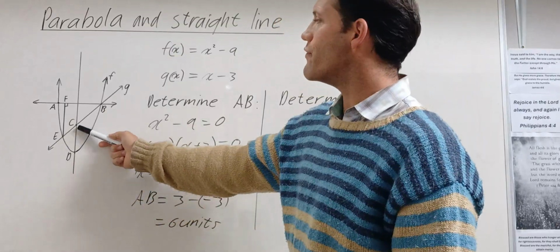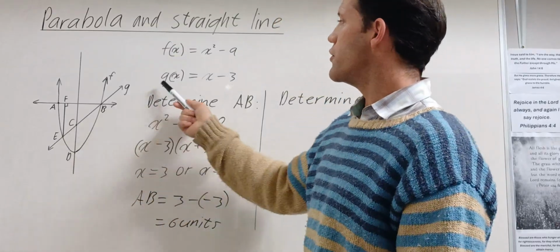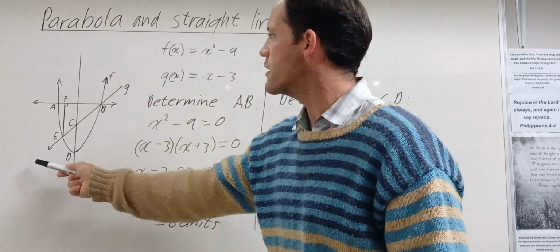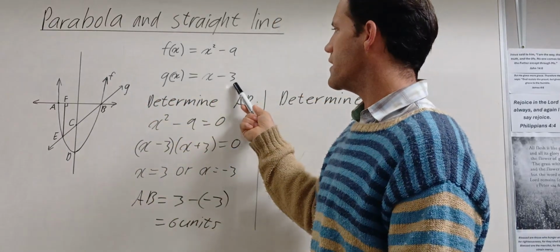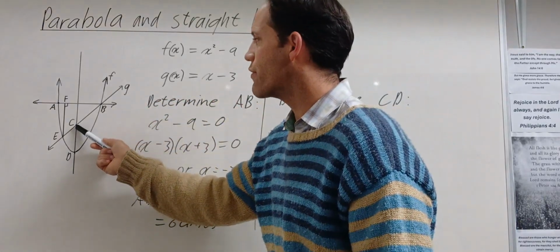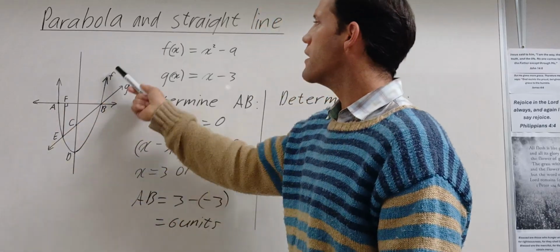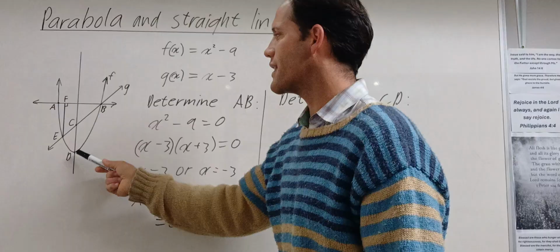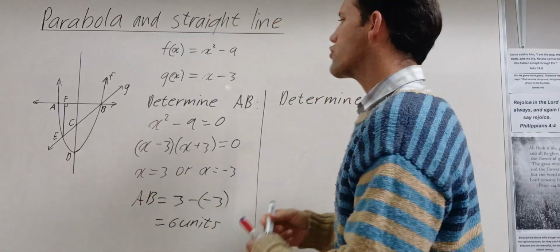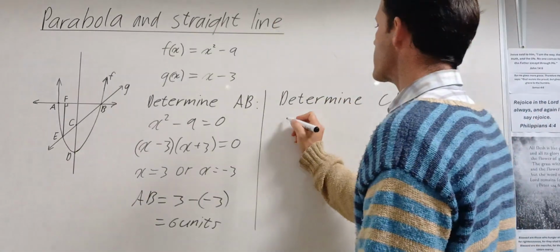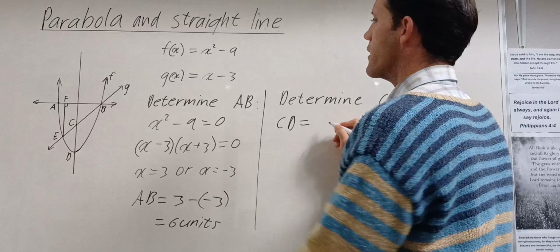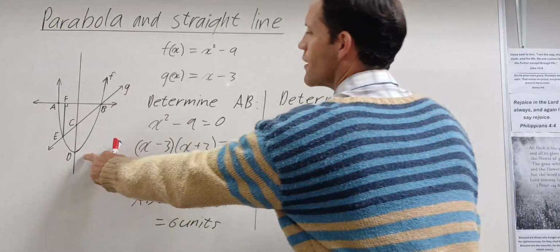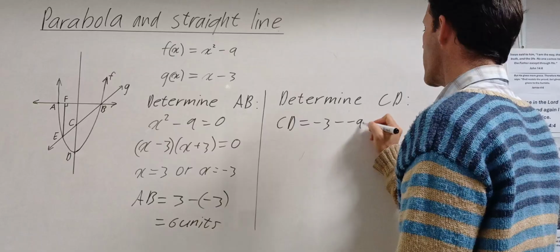So what's the y value at C? If you look at the equation or the graph, g(x) is x minus 3. So the y-intercept is negative 3. The parabola is x squared minus 9. So that one is at negative 9. Okay? So all you do to find CD is you say CD is the y value at C, negative 3, minus the y value at D, negative 9.